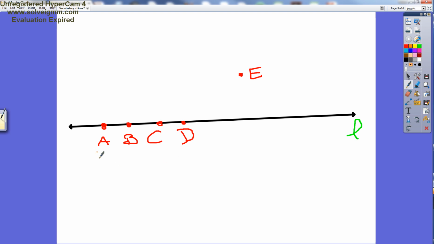For example, you could call it line BC, or you could call it line AD, or any combination in any order. So these are the yes.